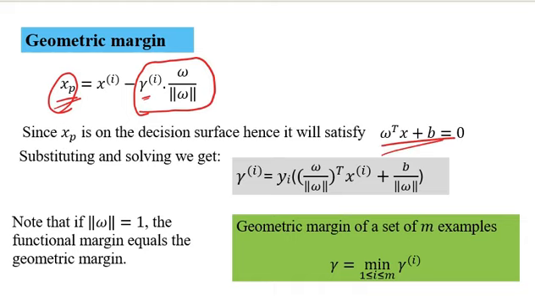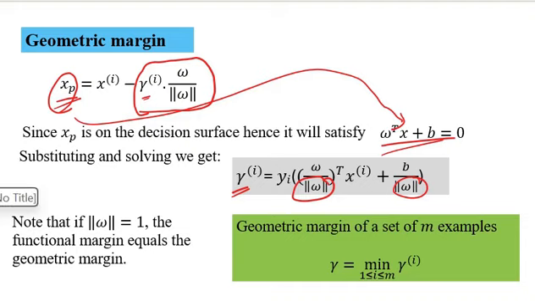So we substitute this value of XP into this at the location of X, and when we substitute and solve, we get the equation for gamma I, which is very similar to that for functional margin, except that we have this division by the norm of W. And we can also see that if we have norm of W equal to 1, then there's no difference between the gamma I and gamma hat I, which was the functional margin.